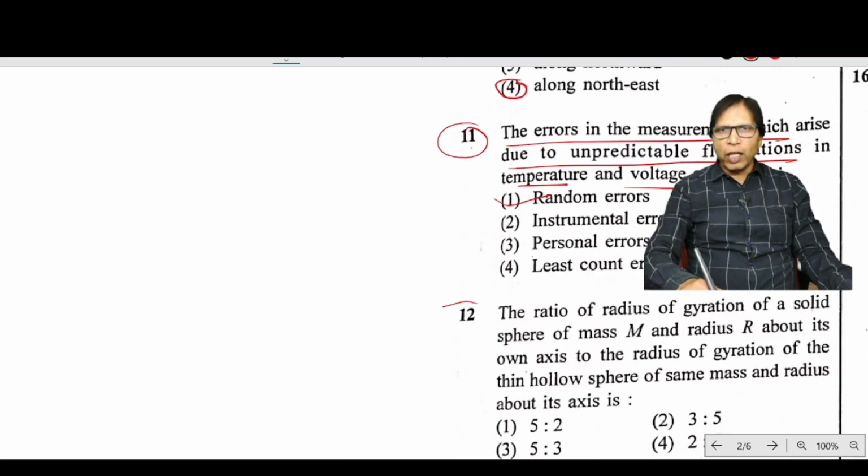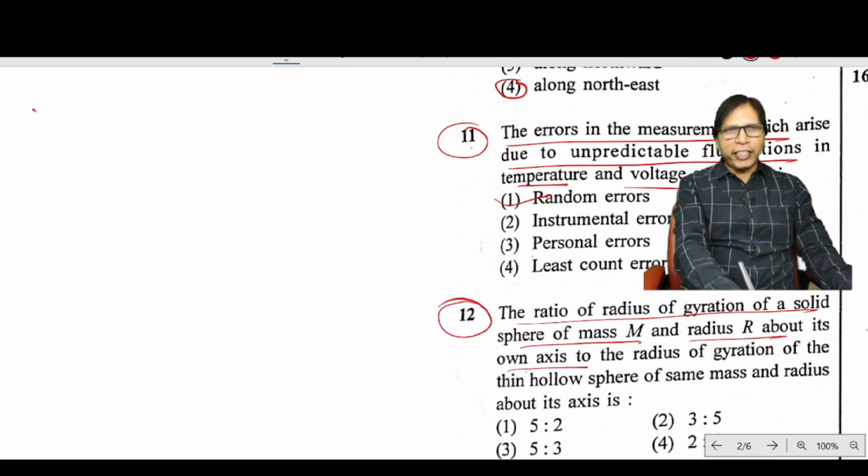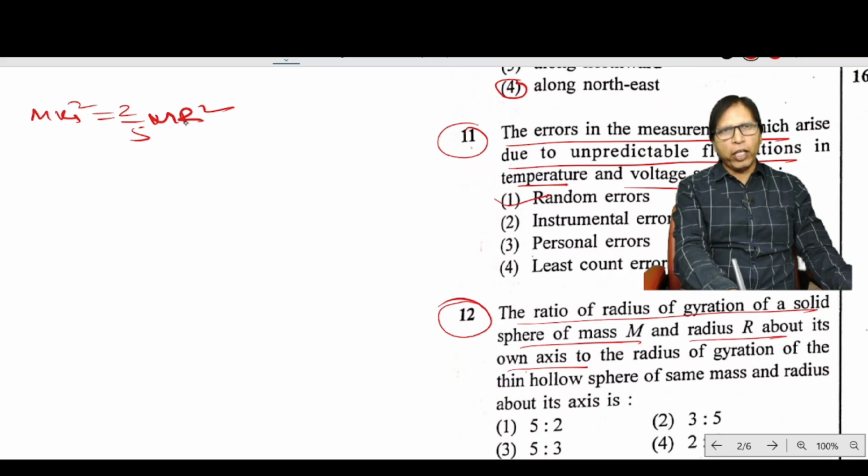Okay. Now question number 12. The ratio of the radius of gyration of a solid sphere of mass m and radius R about its own axis, that is diameter. So the radius of gyration: look at this, m k1 square equals 2 by 5 m R square. So k1 square is 2 by 5 m R square.